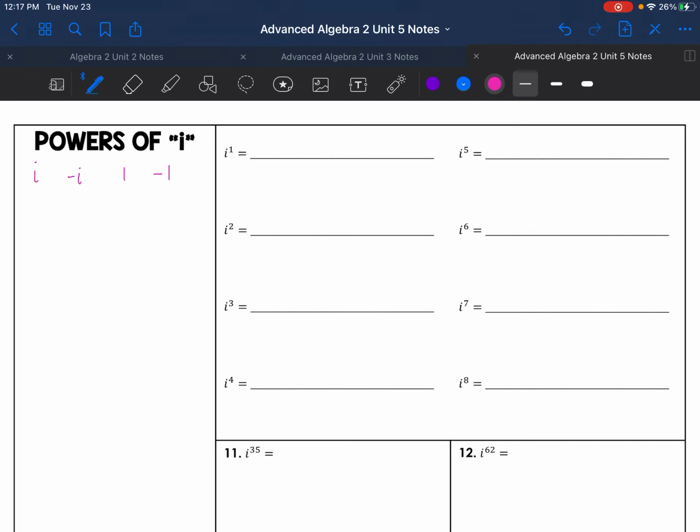So what if I gave you the problem x times x squared? What would you say that is? x times x squared is x cubed, or x to the 3rd power. If you think back to Algebra 1, when you're multiplying variables, you actually add the exponents.